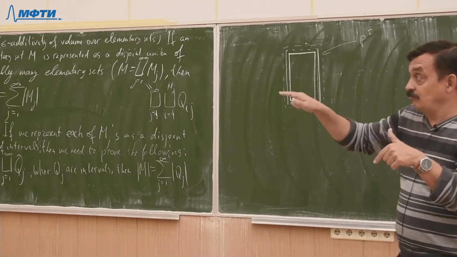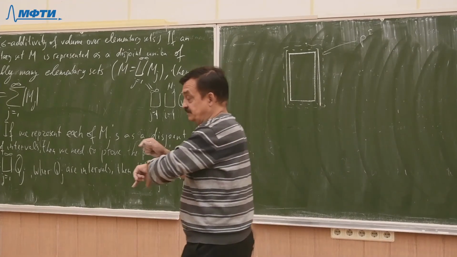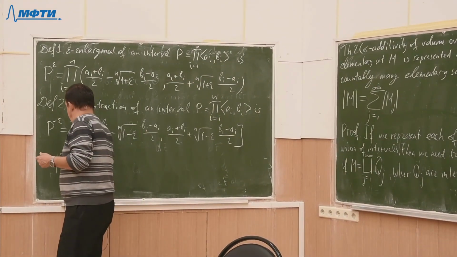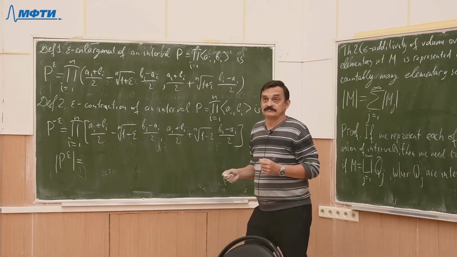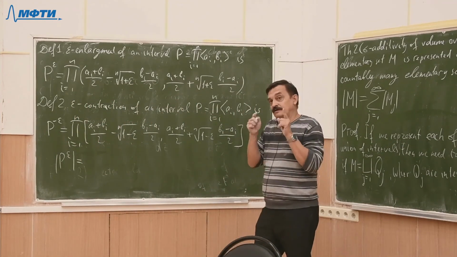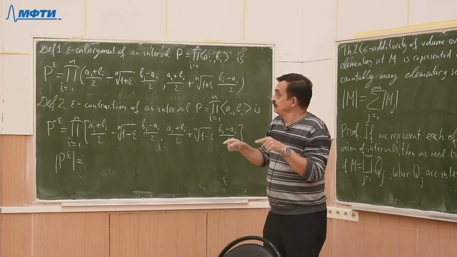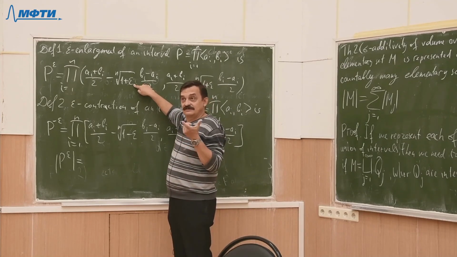But why did I choose the nth root? Because, look, what is the main property which I'll use? The volume of P epsilon. Every side is the nth root of (1 plus epsilon) times greater.